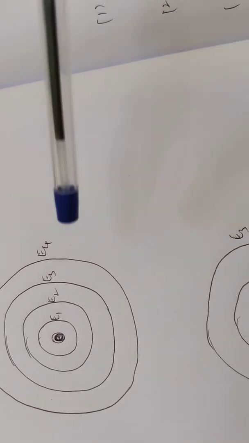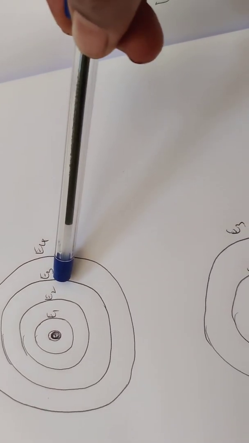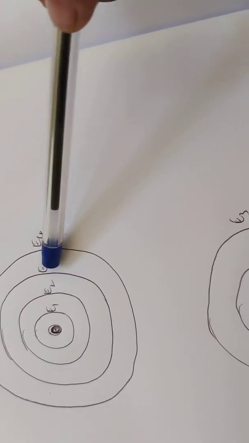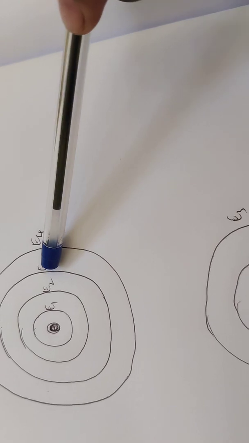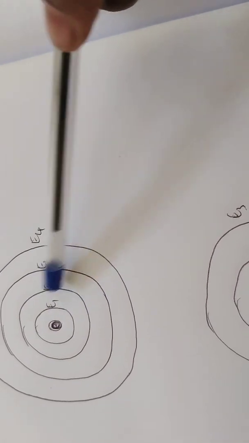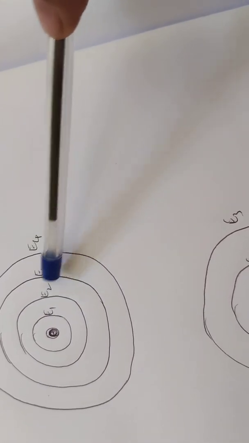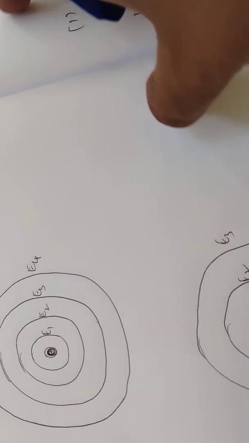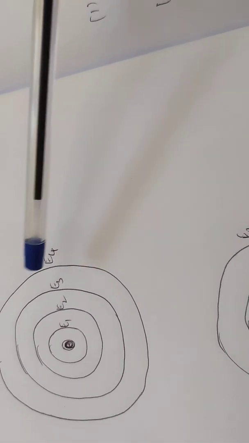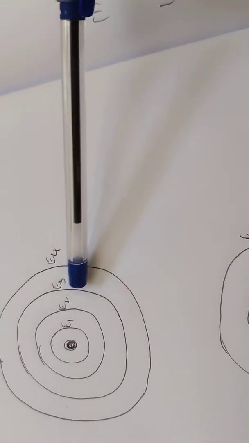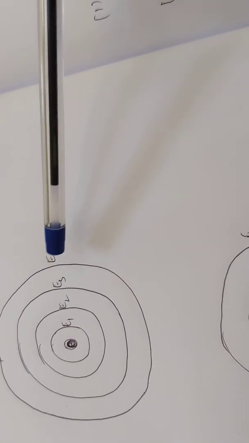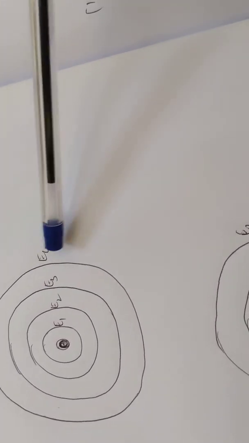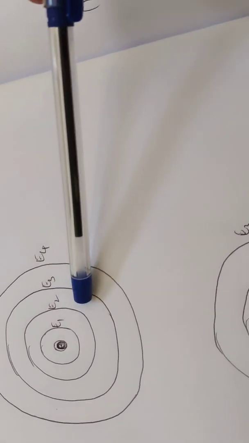So when an electron jumps from the excited to the ground state, it releases energy in the form of light, and if that emission is in the visible range of wavelength, it appears as an emission line.